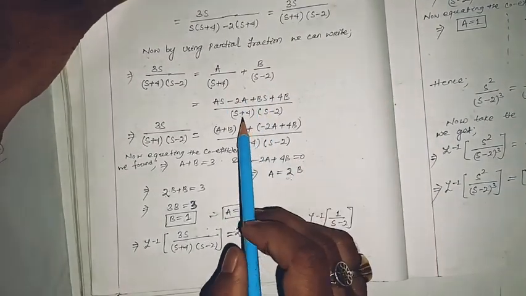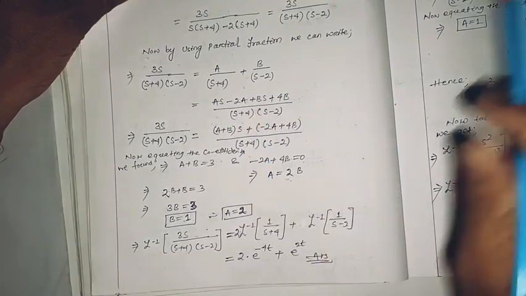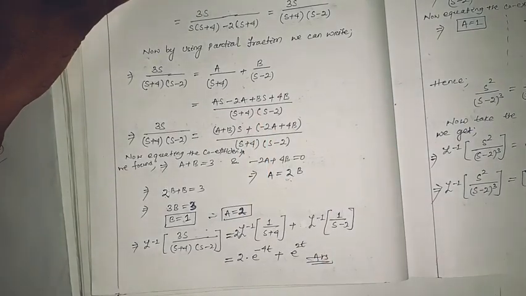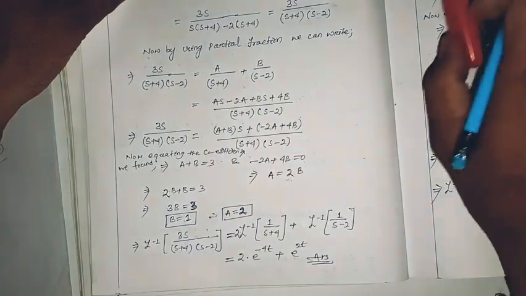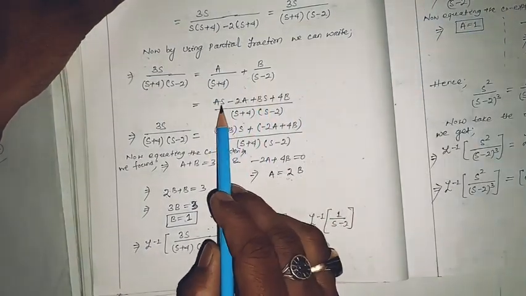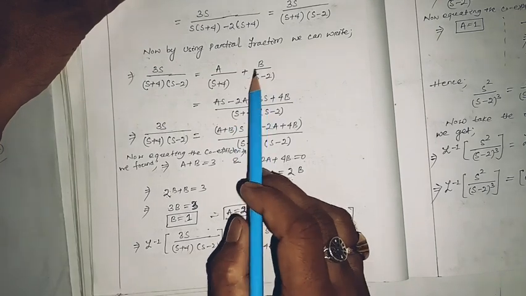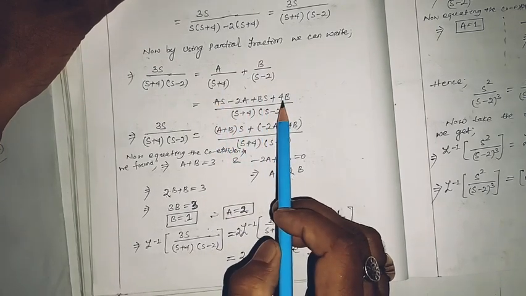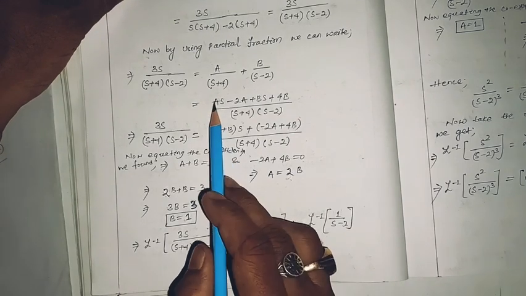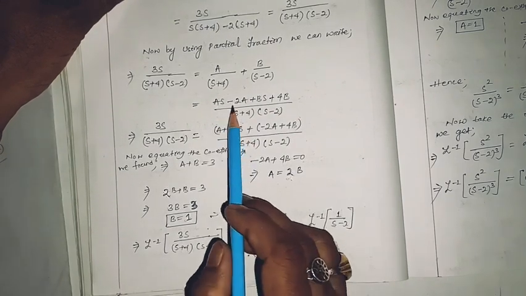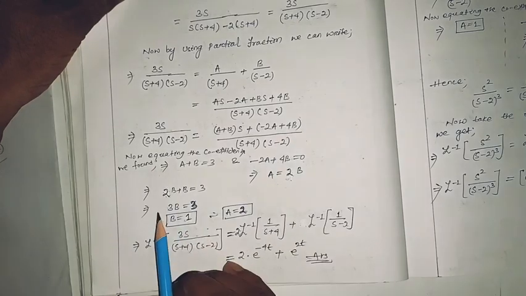Just add it and we get s plus 4 into s minus 2 in the denominator, and if I multiply a into s minus 2, it will be minus 2a plus bs plus 4b. So if I write the s terms together, it is a plus b into s plus minus 2a plus 4b.